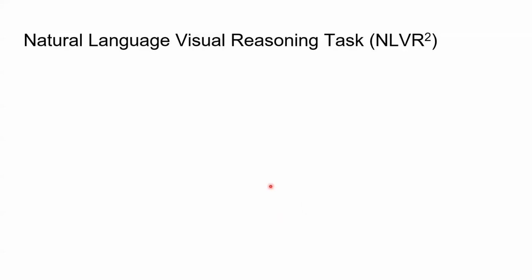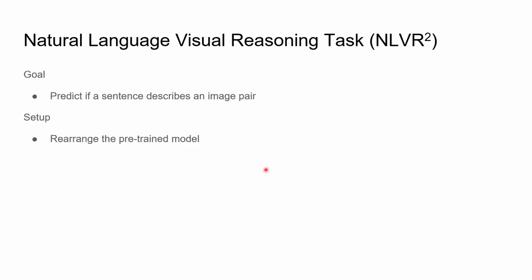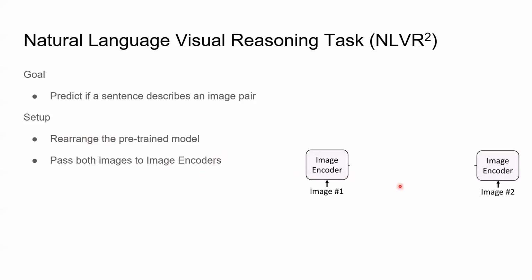The second task that required alterations to be made to the structure is the natural language visual reasoning task. So the goal of this task is to predict if a sentence describes an image pair. So once again, they need to do some setup. They need to rearrange the pre-trained model. They need to pass both of the images into image encoders that are set up with the same weights at the start.